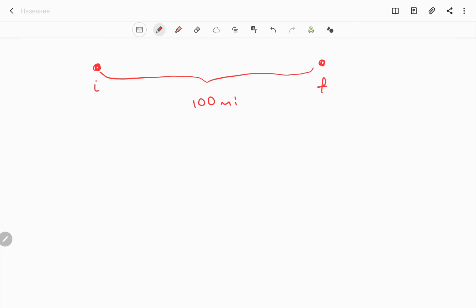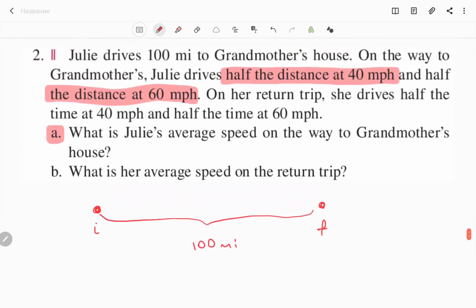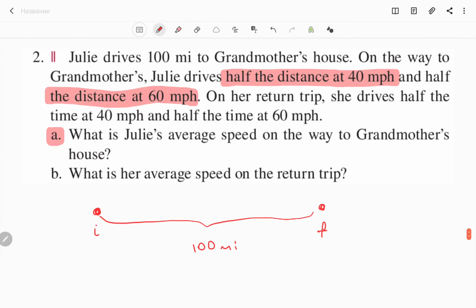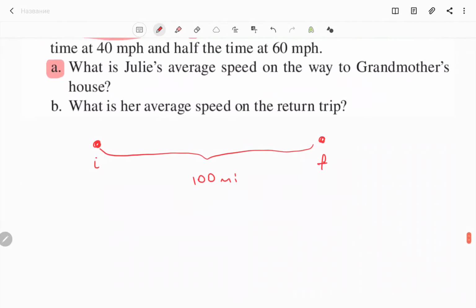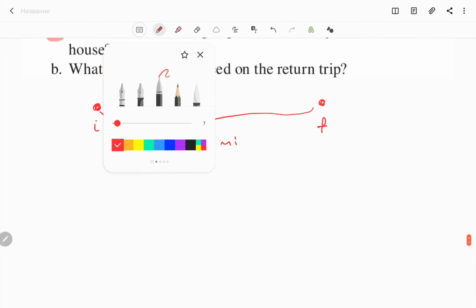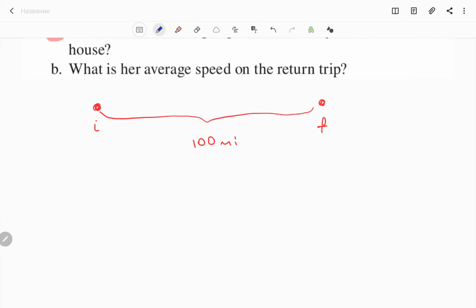So we know that for half the distance she traveled at 40 miles per hour, and the second half at 60 miles per hour. So let's draw it this way. This half is approximately 50 miles, and the second half also 50 miles.